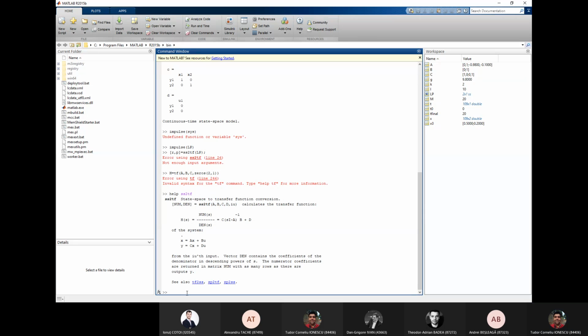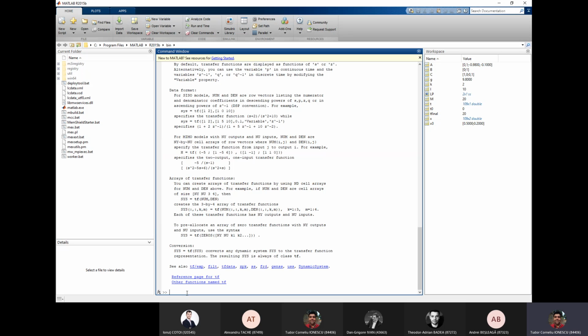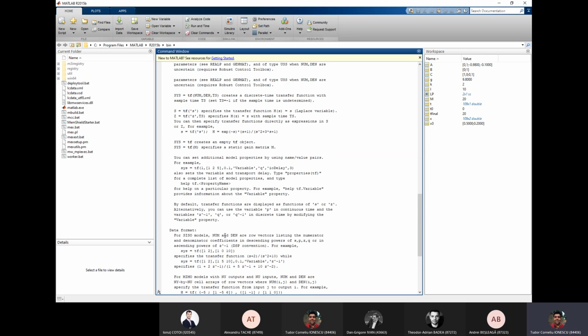Let's see what the help has to say. So it calculates the transfer function of the system. Oh, so this one is computing the transfer function for each input. So we should have indicated the input, but we have the same input. They should have indicated the output actually this time. Help TF. Oh, this is much more.